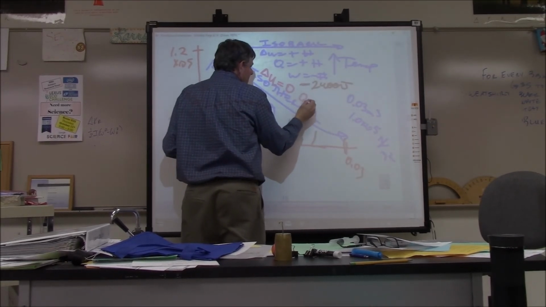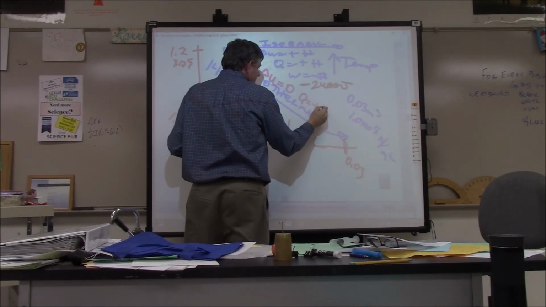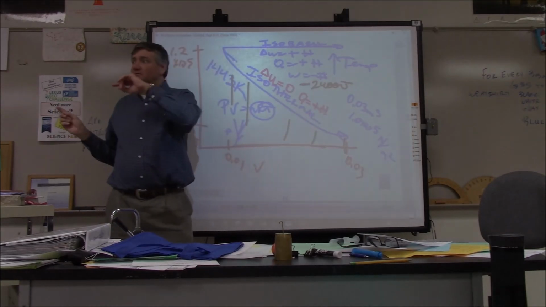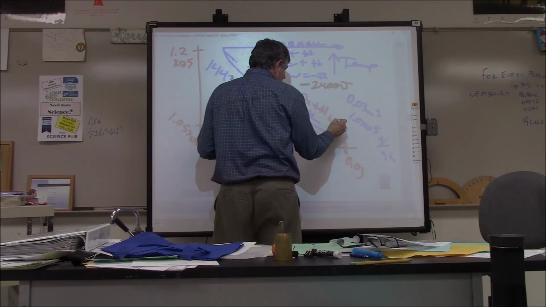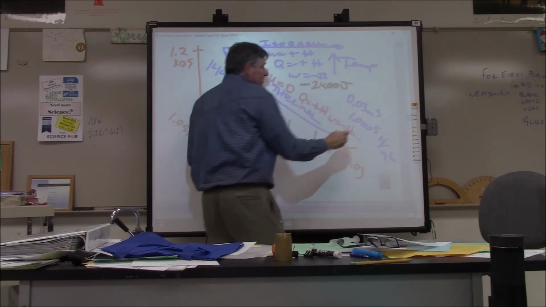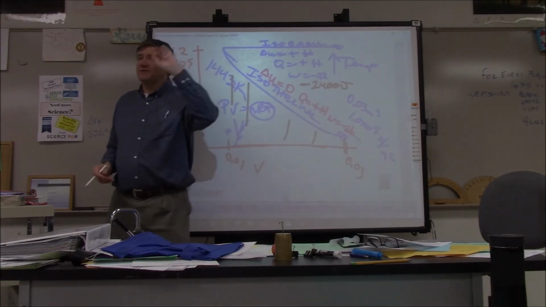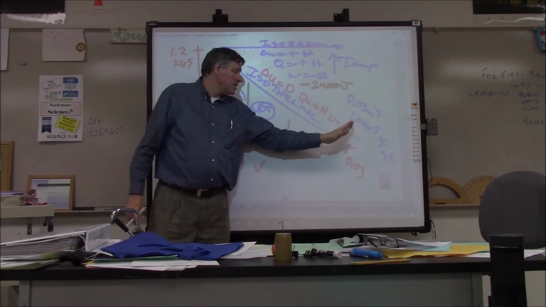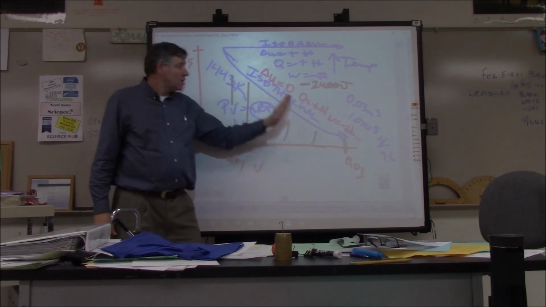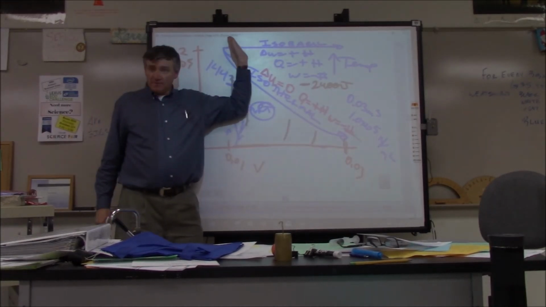Q is going to be a positive number, which means that we're going to dump energy into the system. And W is going to be a negative number because volume increased. Work is done by the system. Now, if you reverse this process, we would say that work is done on the system.